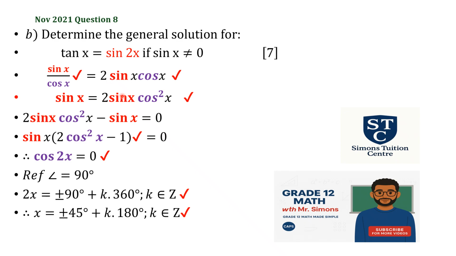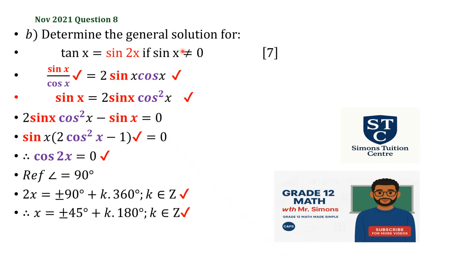So that becomes 2 sine x cos squared x. If I take everything over, so sine x brought over and everything on the same side, that would read 2 sine x cos squared x minus sine x. Take out the common factor, which you can see in red is sine x, and I'm left with 2 cos squared x minus 1.